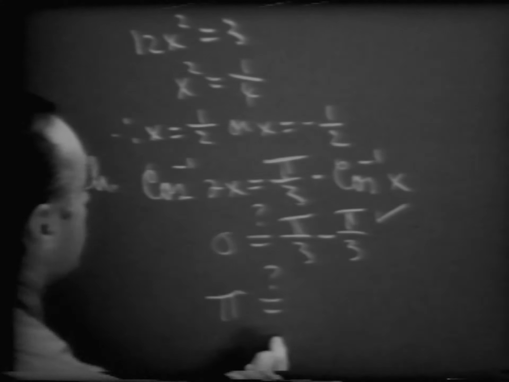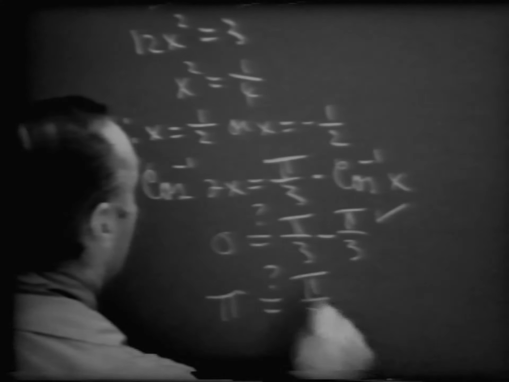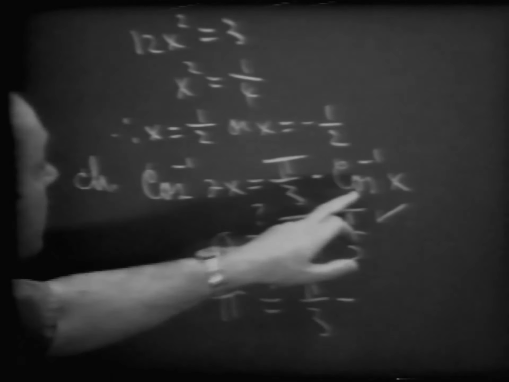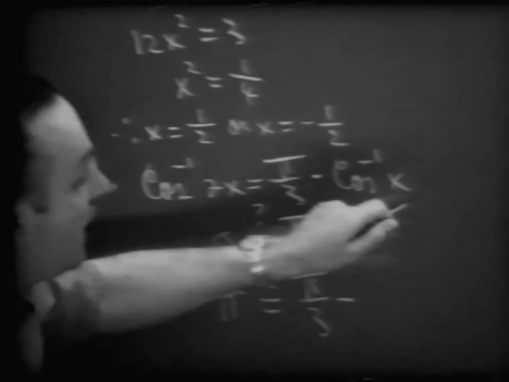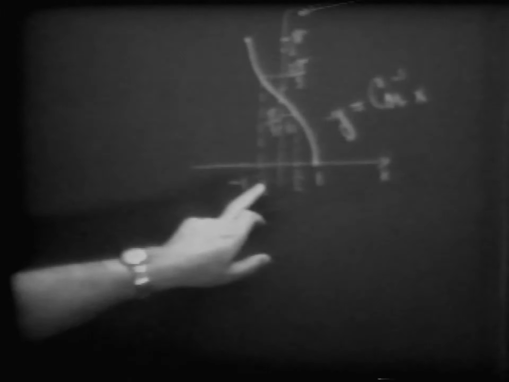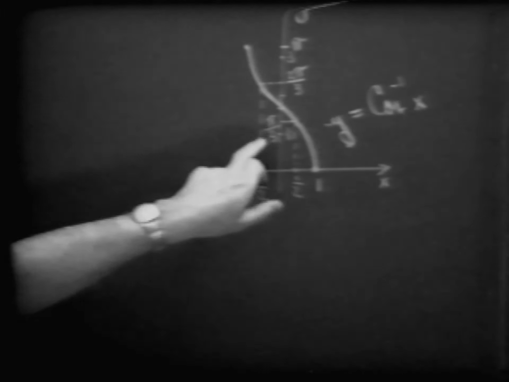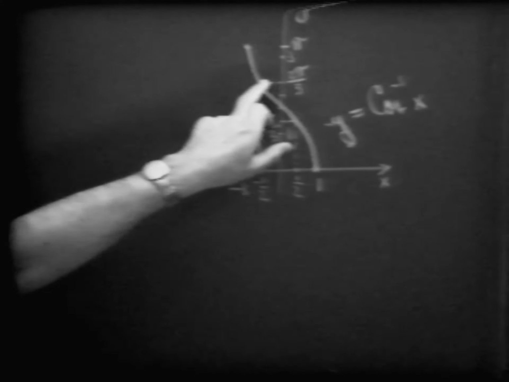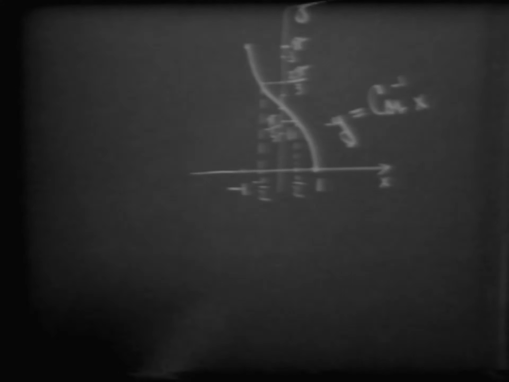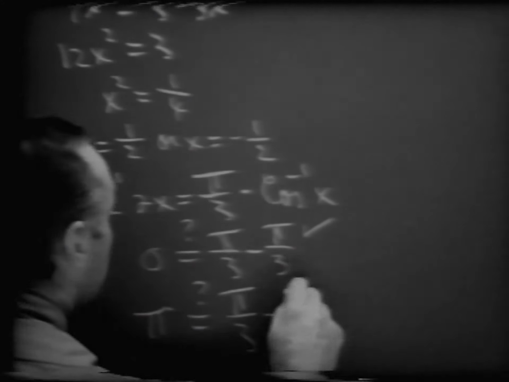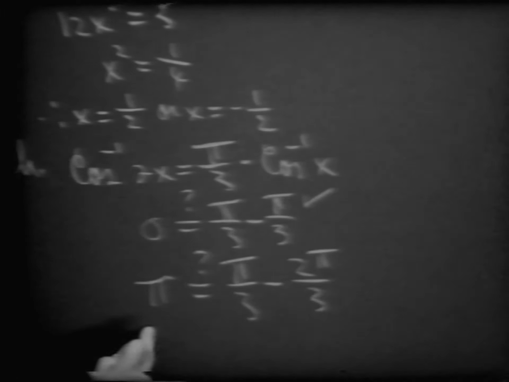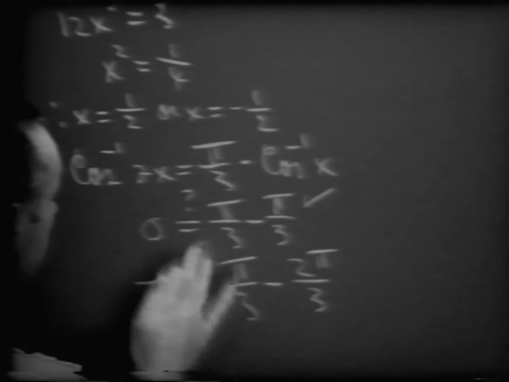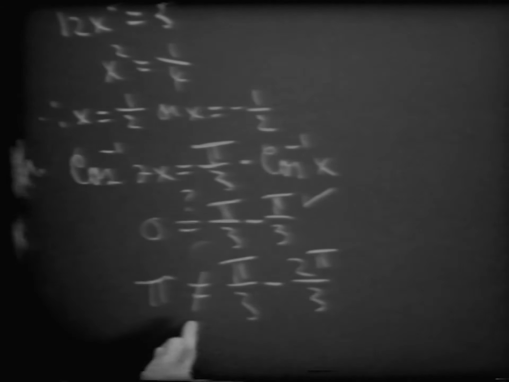The question is, is this equal to the right side, pi over 3 minus the inverse cosine of negative 1/2? Looking at our graph, negative 1/2 is here, and its value for the inverse cosine function is 2 pi over 3. So pi over 3 minus 2 pi over 3. The question is, is that equal to pi? And of course the answer is no, and this is not true.